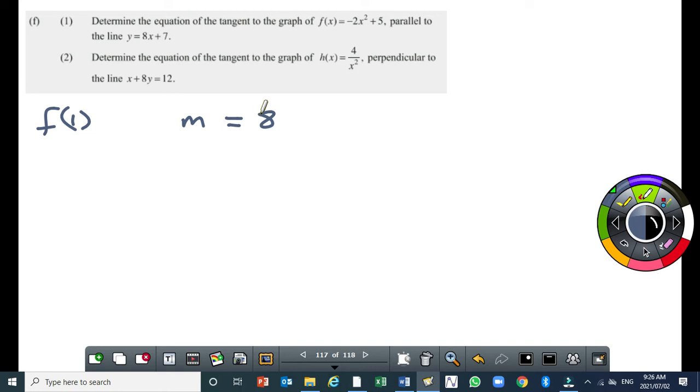That's the first concept. Then the next thing now, we need to determine the values of x and y because they are not given. The values of x and y at the point of contact are not given. So we use calculus to find them. So what you do is we say f of x.